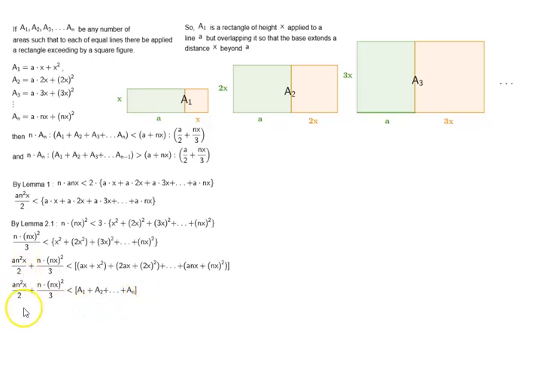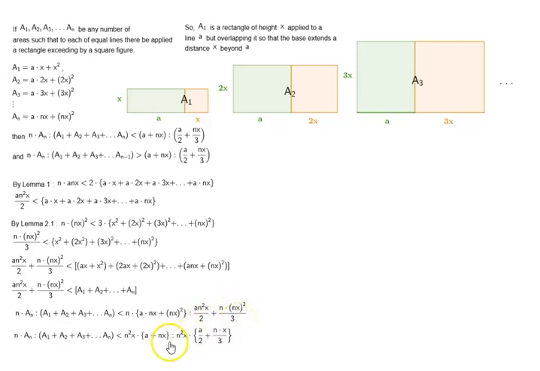So we have an square x by 2 plus n times nx square by 3 is less than a1 plus a2 plus an. So which means n times an is to a1 plus a2 plus a3 plus an is less than n times an is anx plus nx square is to an square x by 2 plus n times nx square by 3.